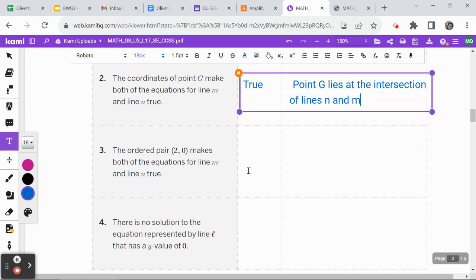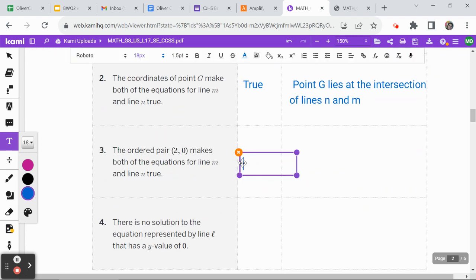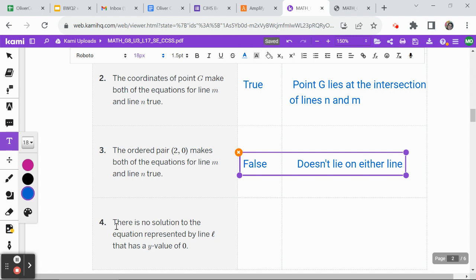So this is another false statement. Okay. And it's false because it doesn't lie on either. So that's why that one's a false. B, or not B, 4. There is no solution to the equation represented by the line that the y has a value of 0.